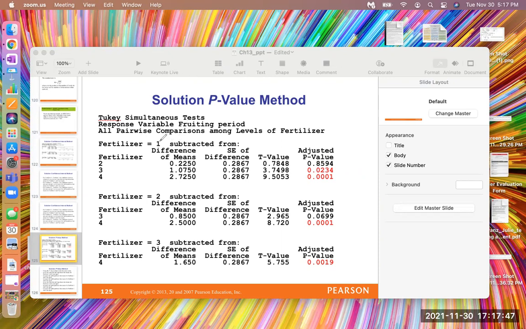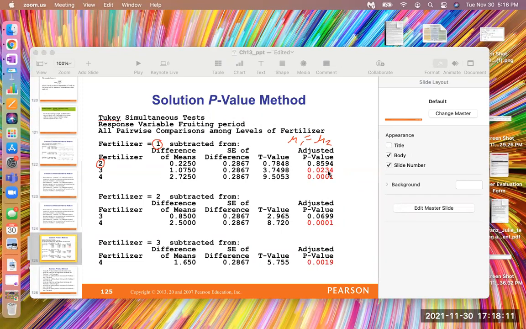So first of all, 1 is compared to 2, and that p-value is large. So we do not reject the fact that they were equal, so we conclude that they are equal. Then we compare 1 to 3, and the p-value there is low.